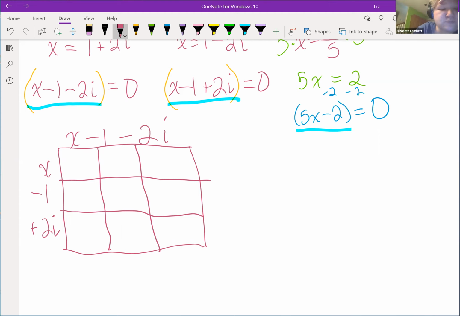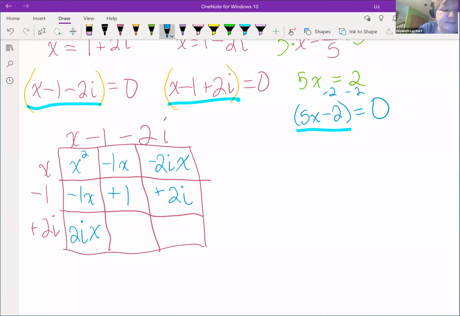All right, so x times x is x squared, minus 1x, minus 2ix, minus 1x, plus 1 now, ooh, plus 2i, then 2i times x, 2ix, but it's positive, and then minus 2i.